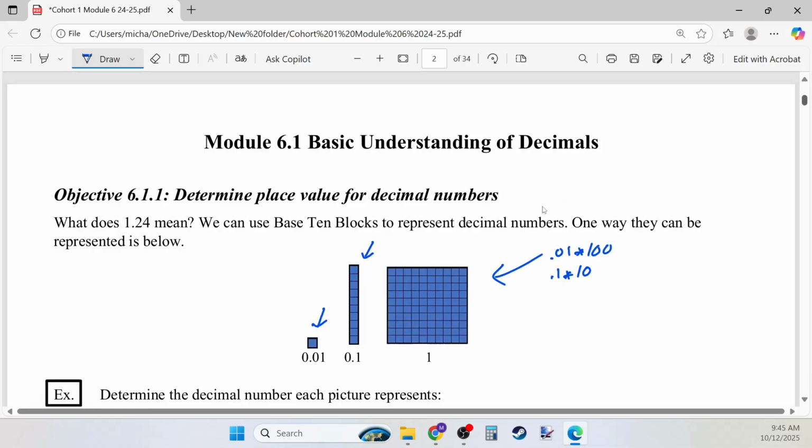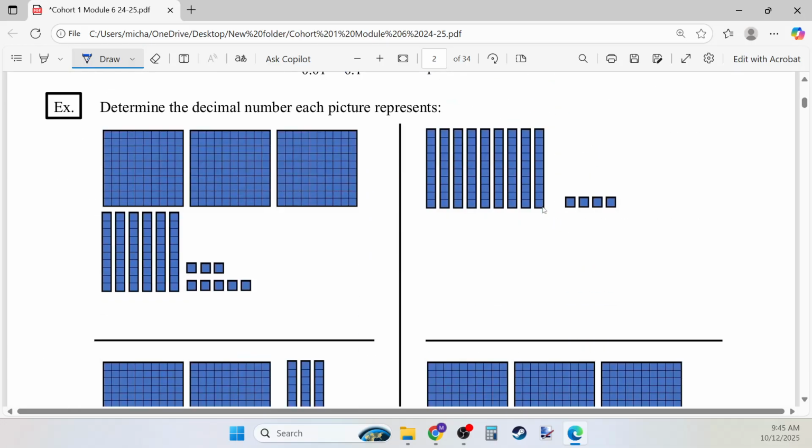So we're just going to practice switching between our decimal representation and our pictures for now. We have 1, 2, 3 whole objects, and this is 6. 1, 2, 3, 4, 5, 6 of the rectangles and 8 of the little squares.